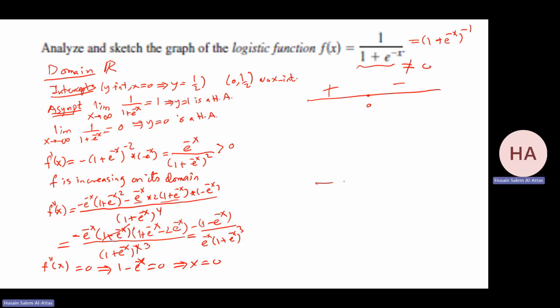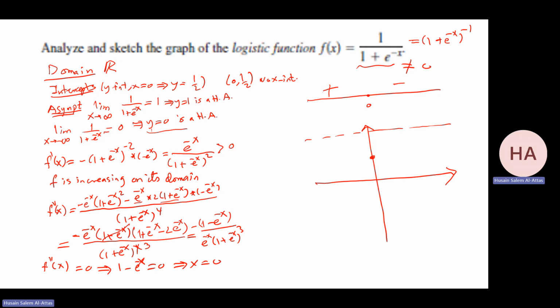Now let me graph the function. I have the point 0.5. I have an asymptote here, also the x-axis. By the way, this asymptote will not be crossed for sure, because this cannot be equal to 0.